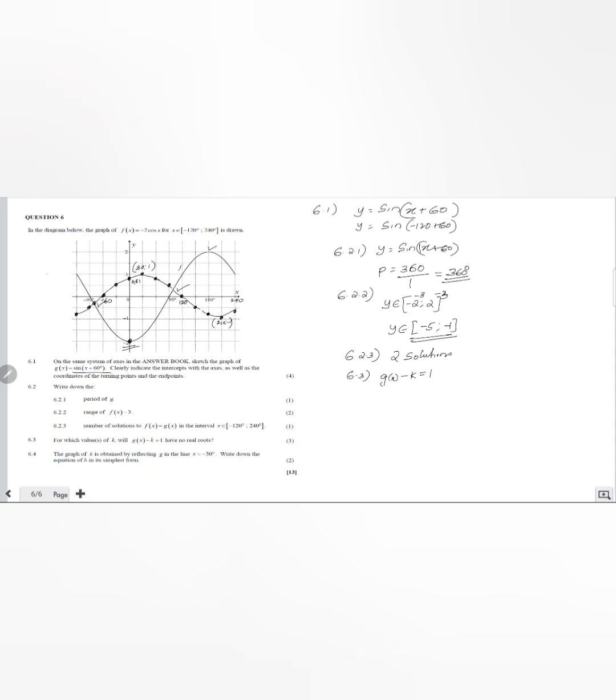Okay, g of x is defined only in between minus 1 and 1, isn't it? So in terms of k, let me write it. G of x is equal to 1 plus k. This one is a horizontal line. G of x is a sine graph. They have solutions only if that horizontal line is intersecting the sine graph.